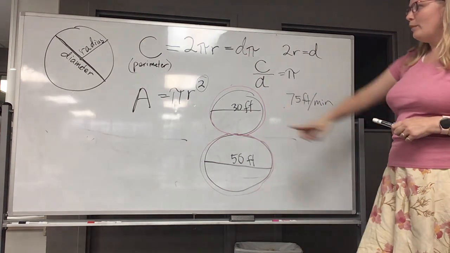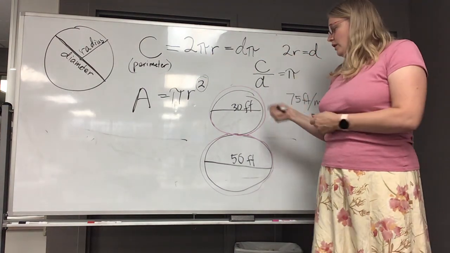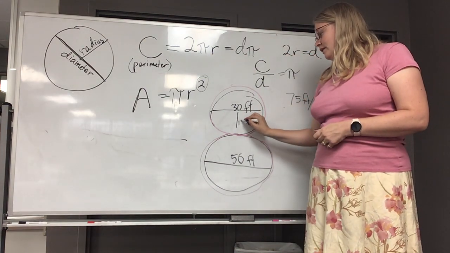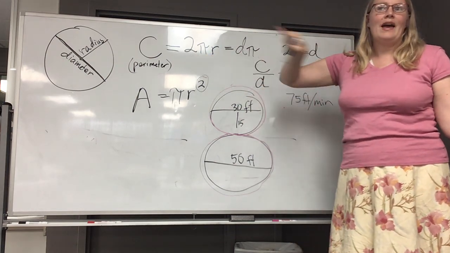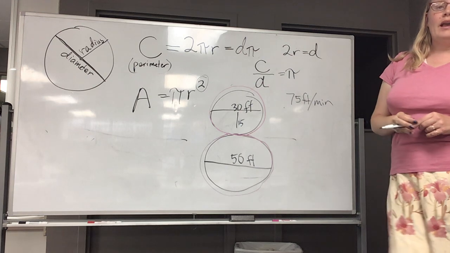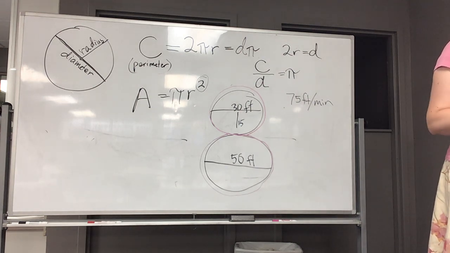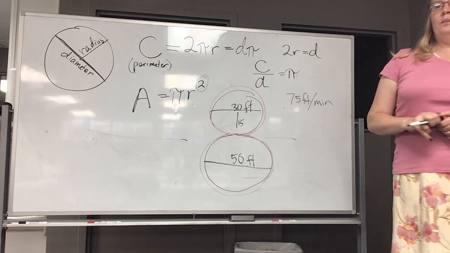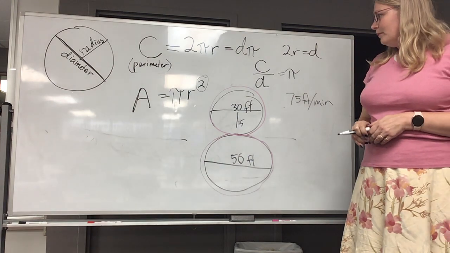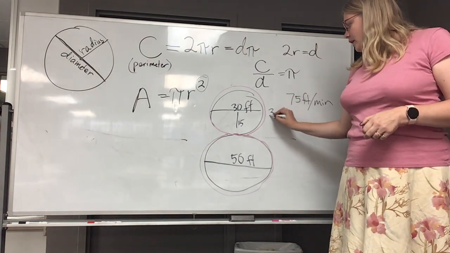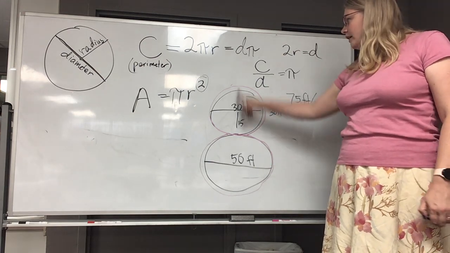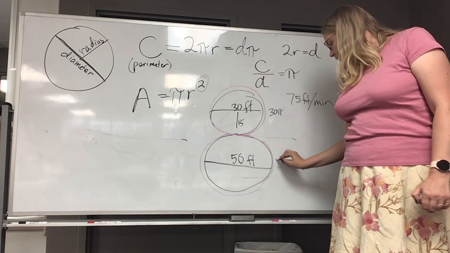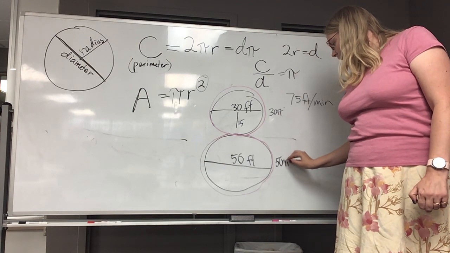If you remember the other formula, you would say my radius is 15, and then you end up with 2 times 15 and you get right back to that 30. So either formula works, but the more comfortable you are with both of them, the easier it is. So we are going to have 30 pi, and down here we would have 50 pi.